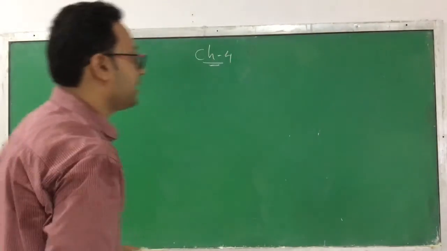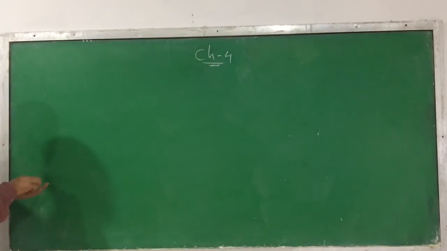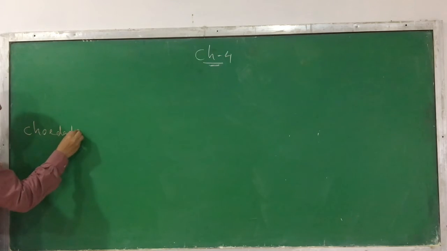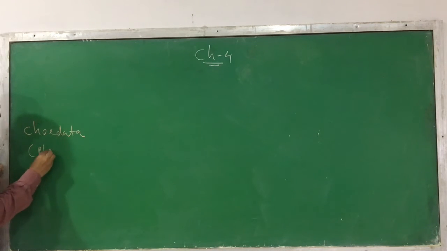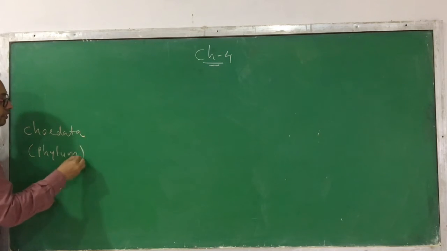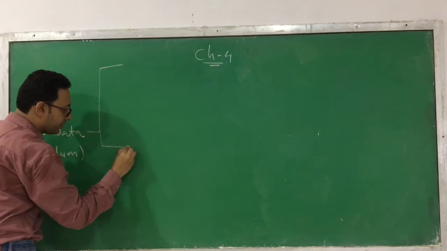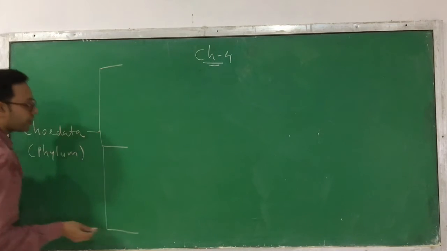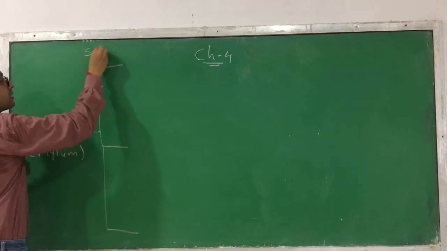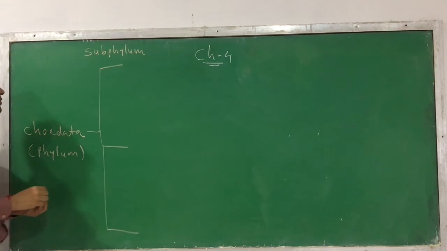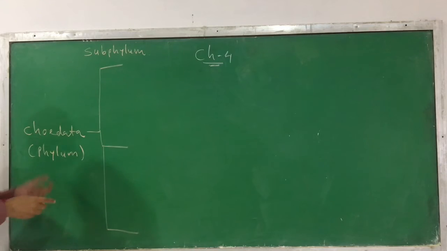So now what are the characteristics you can find in the phylum Chordata? Remember, it is a phylum. This phylum Chordata is subdivided into subphyla. So which are the subphyla of this Chordata?